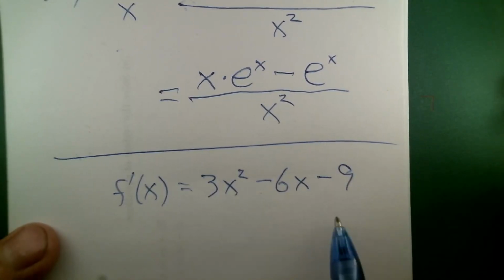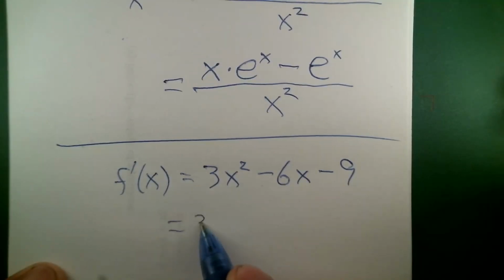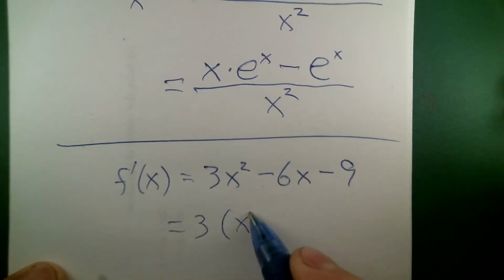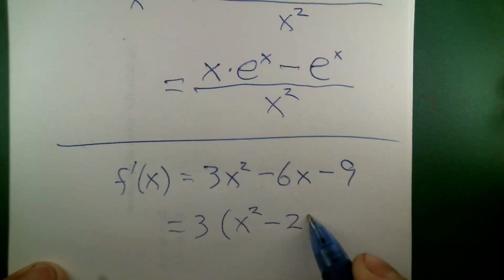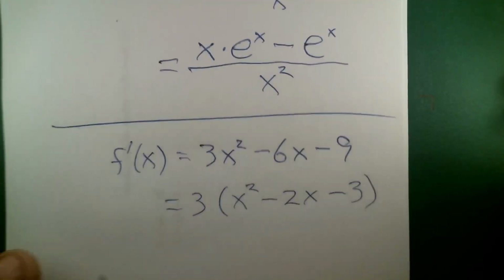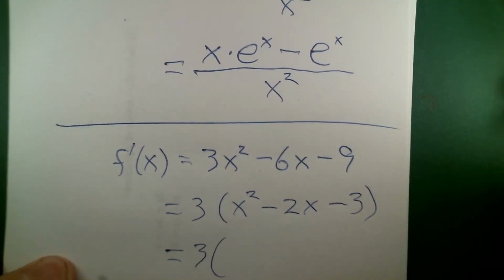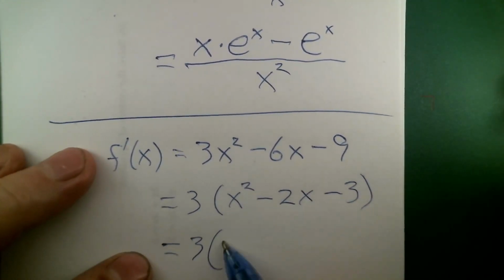You should spot that there's a 3 in each of those, so you can factor a 3 out. And then you're left with x squared minus 2x minus 3. Does that thing look like it factors? I think so. You got to work your way through the unfoiling of that. It'll be x plus something times x minus something.